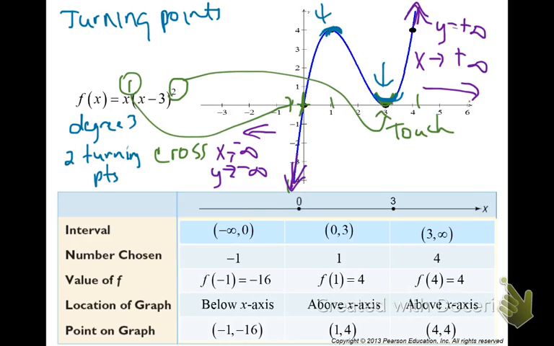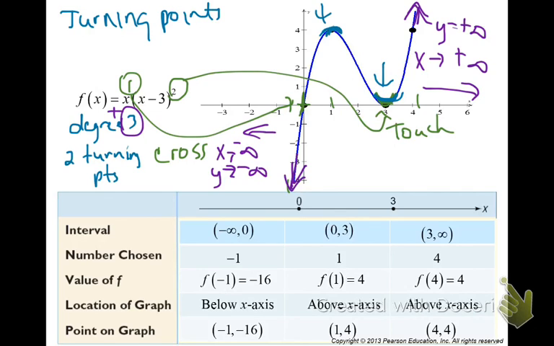So this one has end behavior where they actually match up. They both go to positive infinity and they both go to negative infinity at the same time. That's what we're talking about when we do end behavior. Just a note here: this one, remember, we said had a degree of 3, so it was positive, and we had 2 turning points.